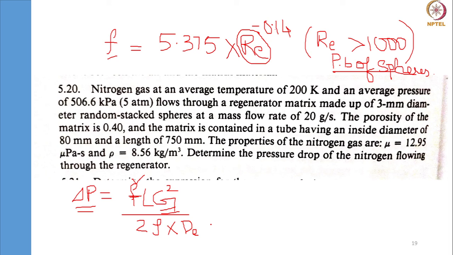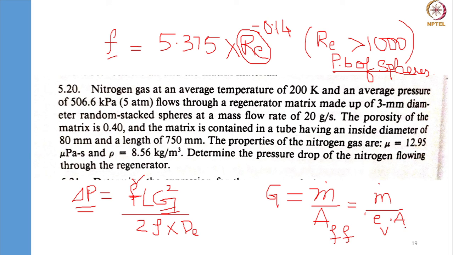G is nothing but m dot by free flow area, or m dot by porosity times frontal area.